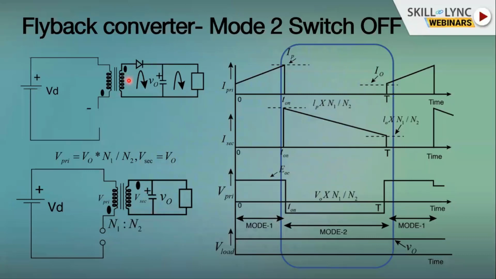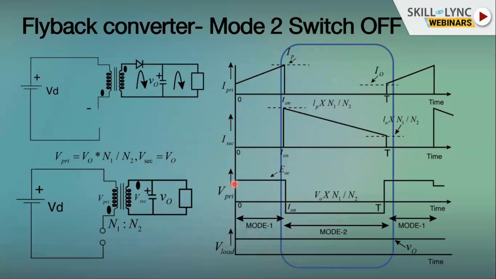The voltage at the secondary side will depend upon N1 by N2, right? So the turns ratio you have selected will play an important role here. Now if you see, on the primary side there is no current, so this will be 0. On the secondary side there will be current, depending upon the turns ratio versus the primary.